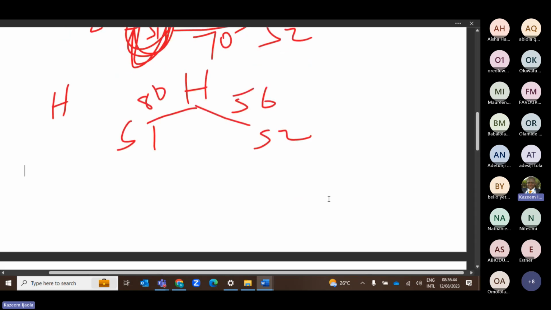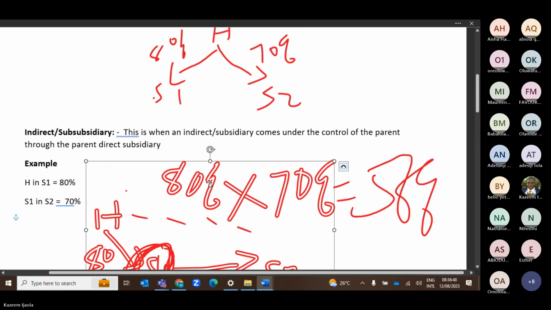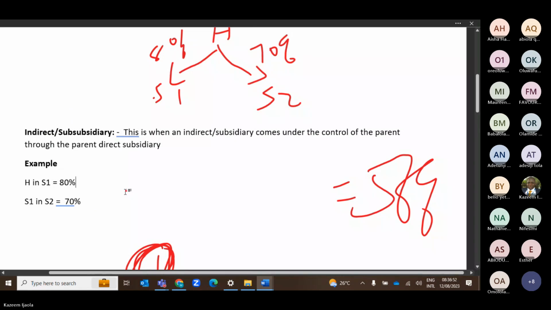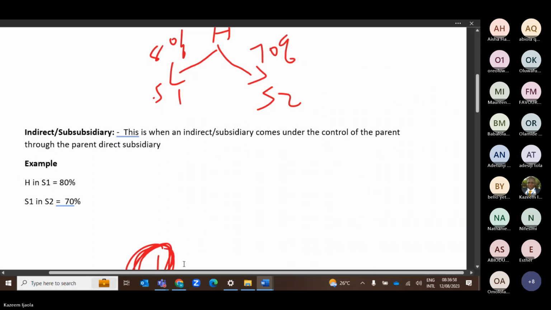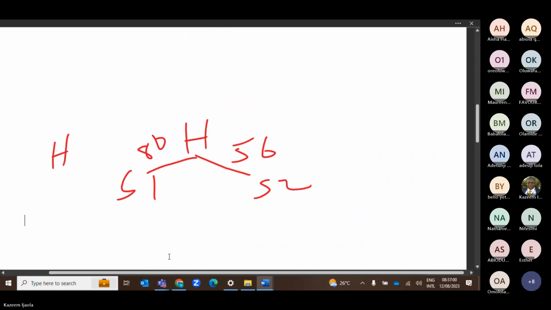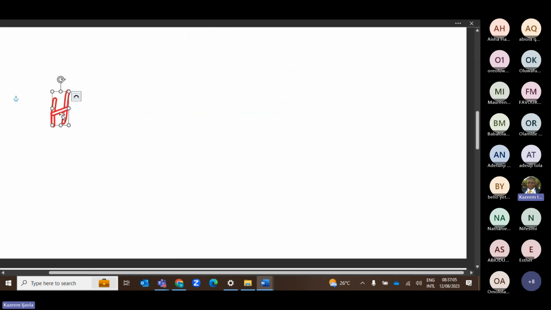Okay, so let me reanalyze these things for you again. Whatever I've done here, I will clean it so we can restart.